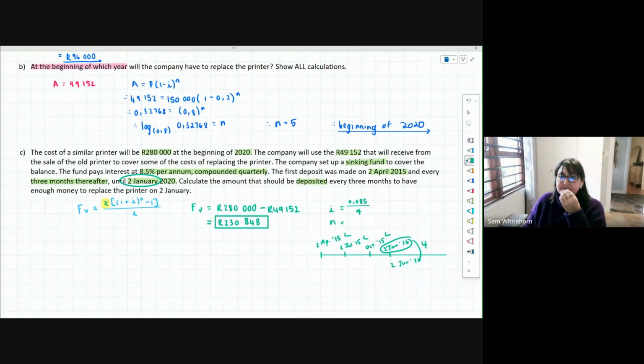So from this point, how many quarters is that? We've got 1 quarter, 2 quarters, 3 quarters, and then we have the 4 years, every quarter. So if we say 4 times 4, we get 16.